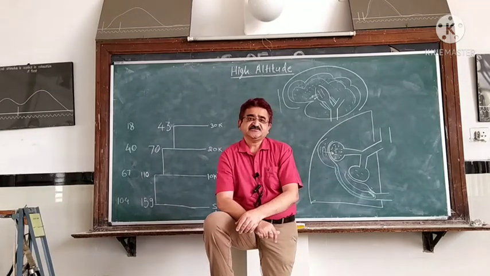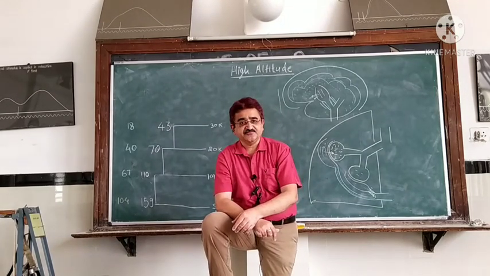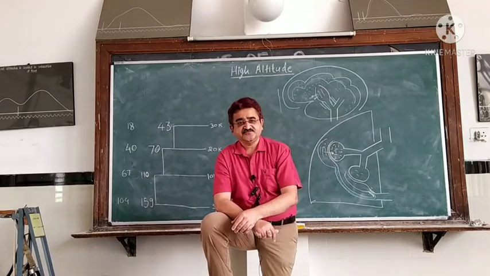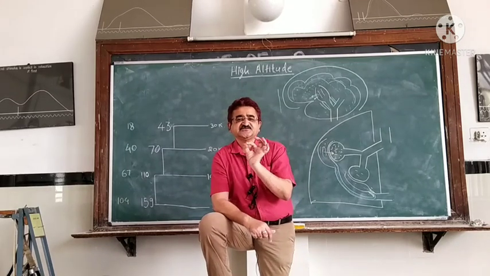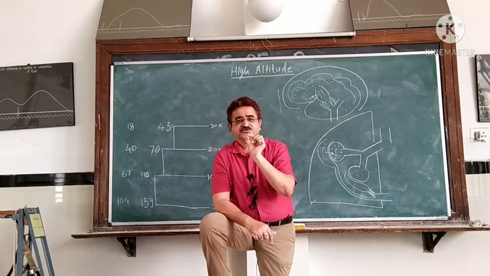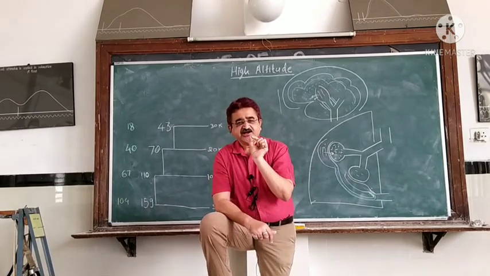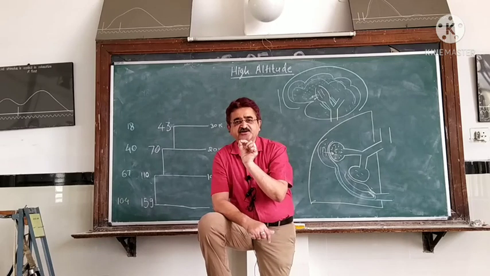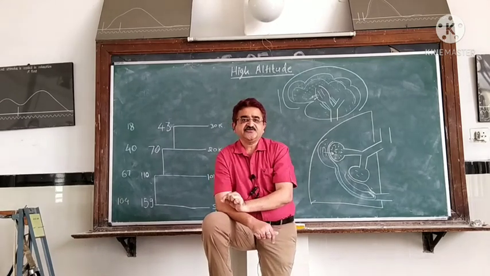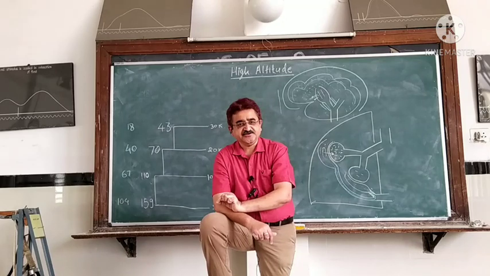Now the next thing is, sir, if it has developed, then what is to be done? All these things develop because of lack of O2. Give oxygen to the affected person, and if available, give a diuretic. The name of that diuretic is acetazolamide.